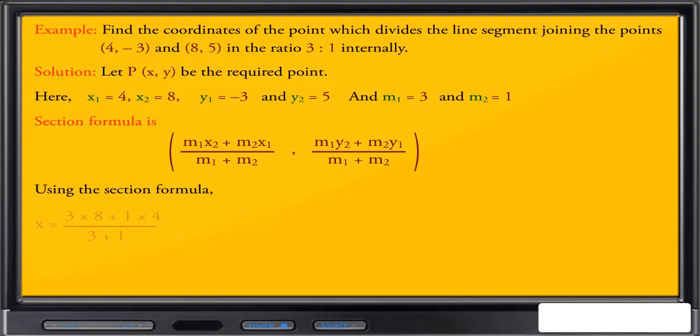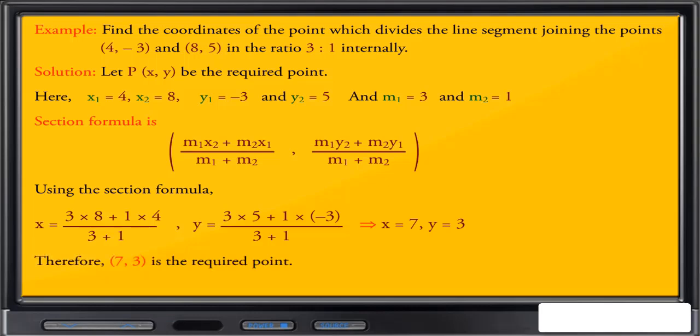Using the section formula, we get x is equal to 3 into 8 plus 1 into 4 upon 3 plus 1 and y is equal to 3 into 5 plus 1 into -3 upon 3 plus 1, which gives x is equal to 7 and y is equal to 3. Therefore, (7, 3) is the required point.